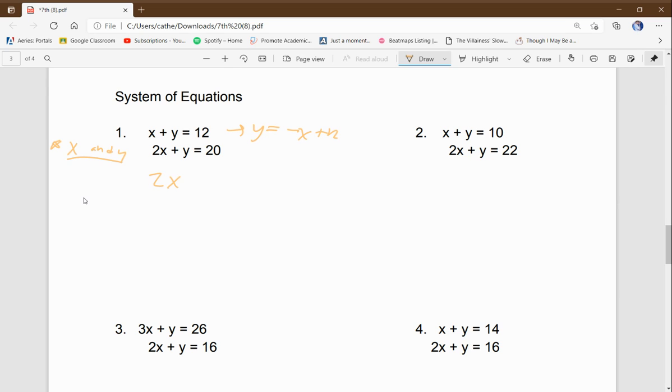And with this, we can add in y, which is negative x plus 12, to 2x, which equals 20. If you put it in like this, you're adding this to here, okay? That's the whole point. So 2x minus x plus 12 equals 20. So x equals 8.